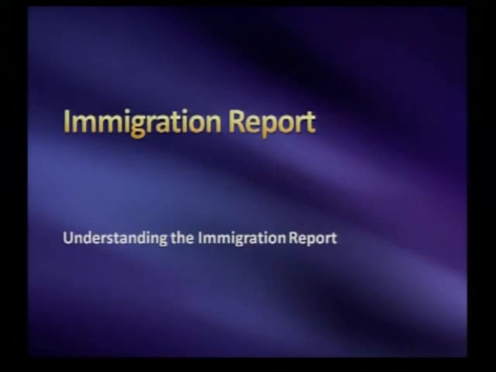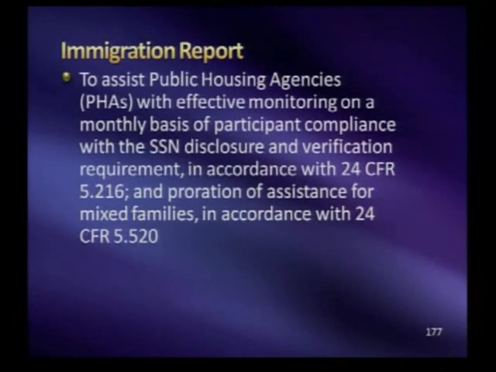Now I want to talk briefly about the immigration report. This report is designed to assist housing authorities with effective monitoring on a monthly basis of individuals who are complying with the Social Security number requirement, okay?